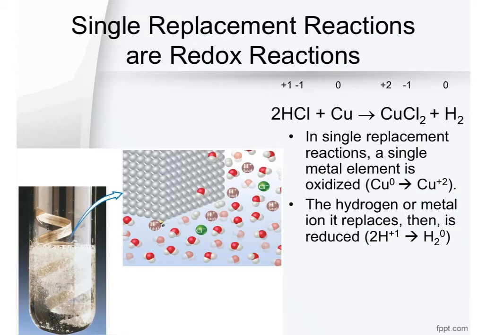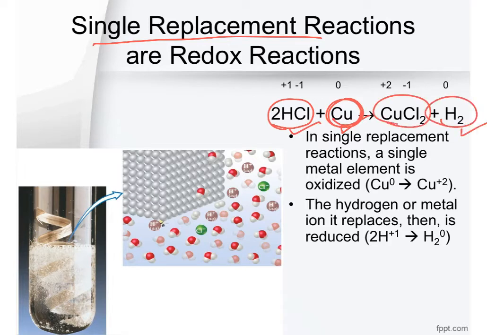Another type of reaction that is always a redox reaction is single replacement. You may have been exposed to those in the past, but if not, the way to understand them is that you have one element on its own reacting with a compound. So you have one element and one compound on the reactant side. Then you have a different element and a different compound on the product side.